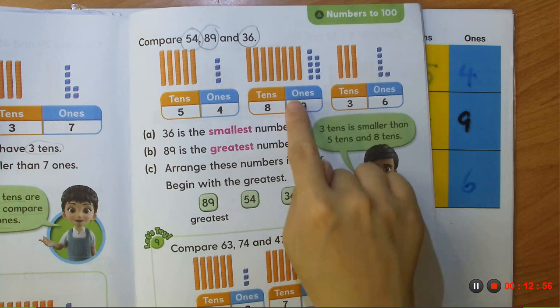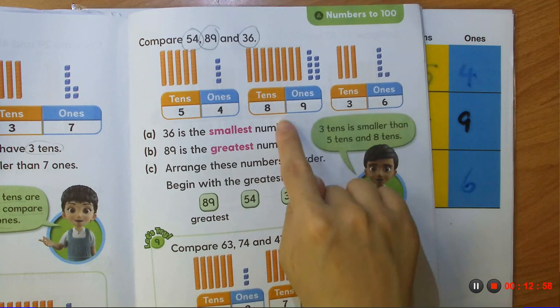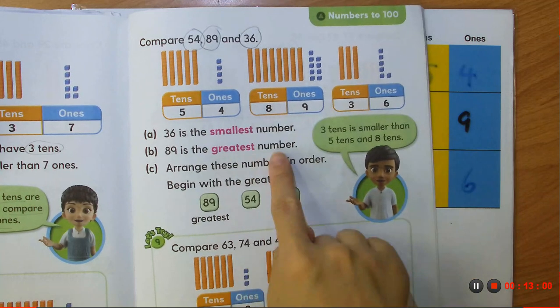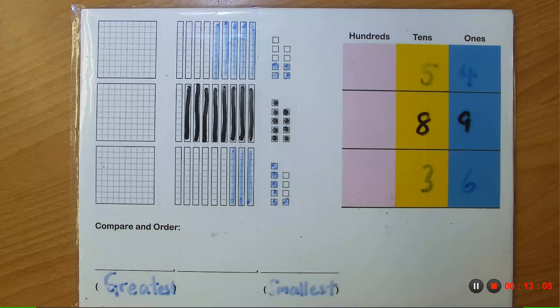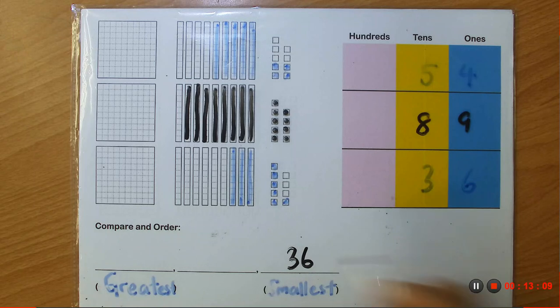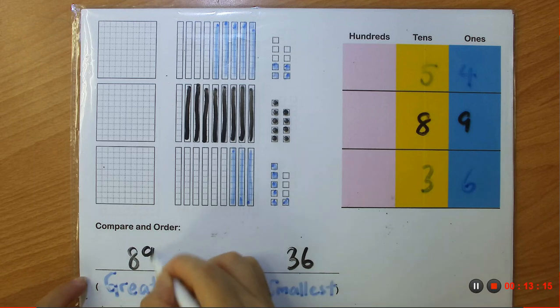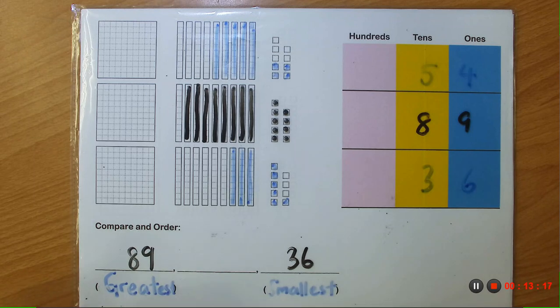Number 89 will be the greatest number. The smallest number is 36 because it only has 3 tens, and the greatest number is 89 because it has the greatest number of tens.